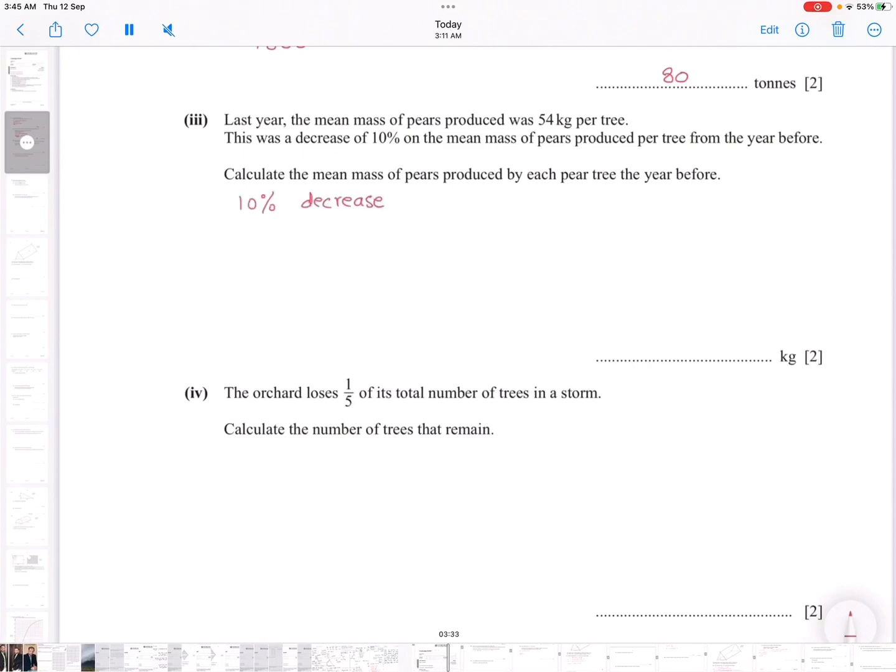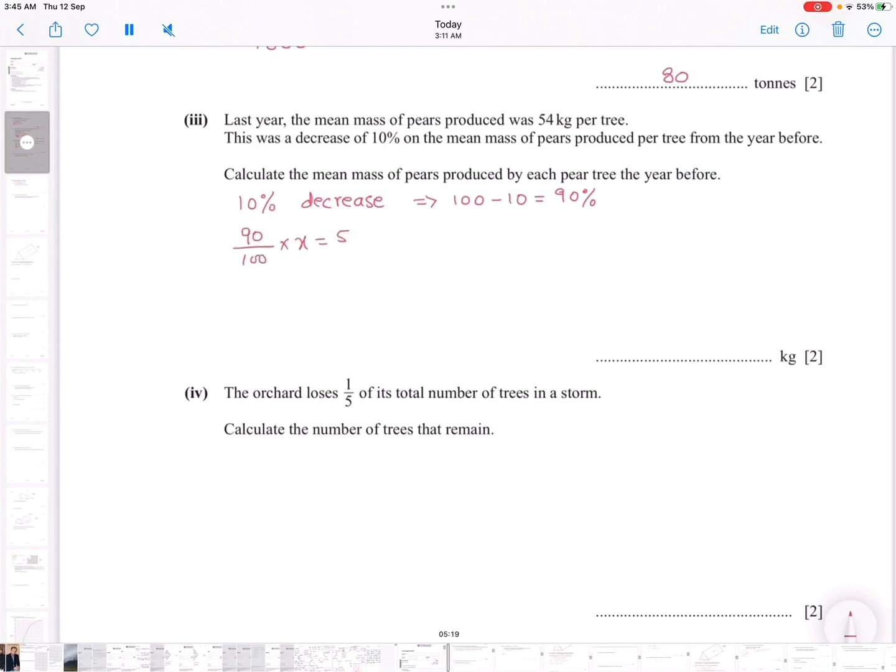So it would be 90%. So now say 90 over 100 times x is equal to 54. Make x the subject and you will get the answer, and that is 60 kilogram.